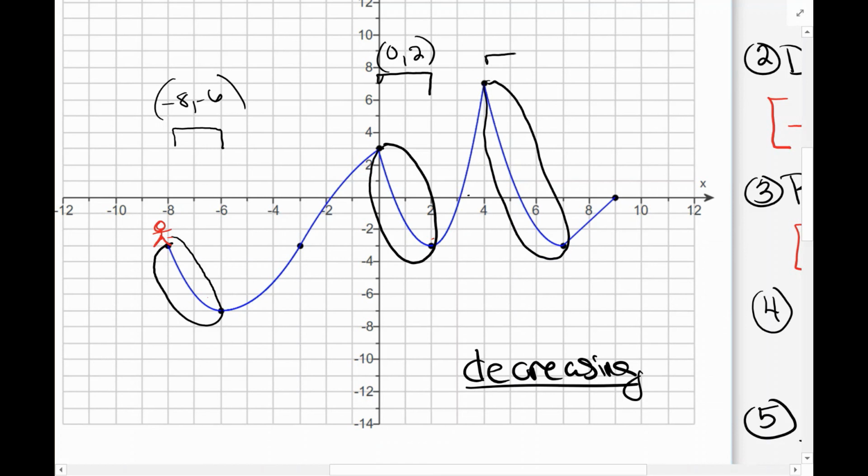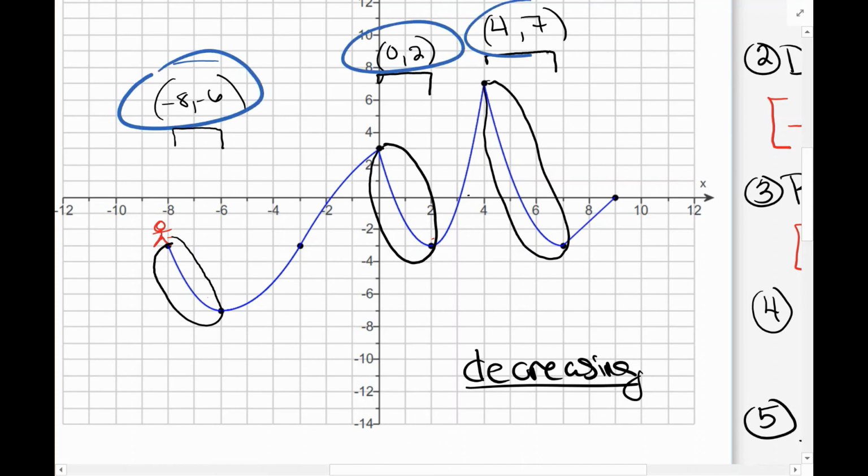That's from 4 to 7. And that's it. I am going down the roller coaster from -8 to -6, from 0 to 2, and from 4 to 7. Decreasing.